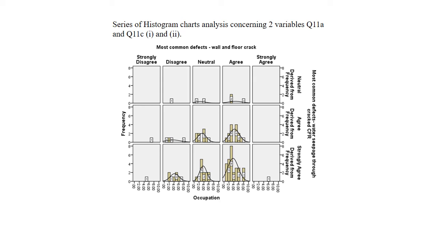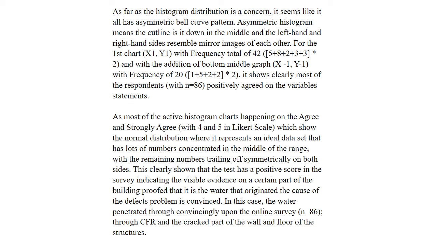You can take a look at the lower part of the histogram tabulation here. You can take a look in the paper. And it's still a strong relationship between X and Y.